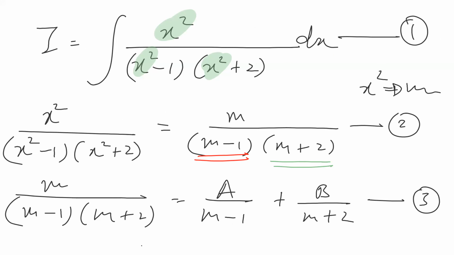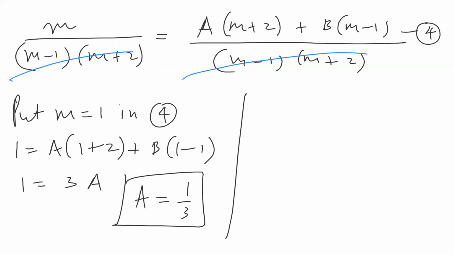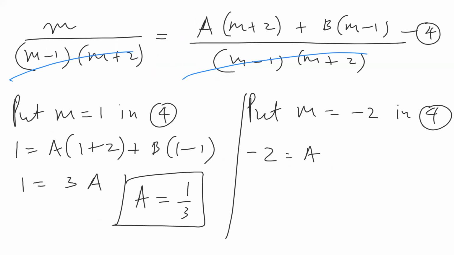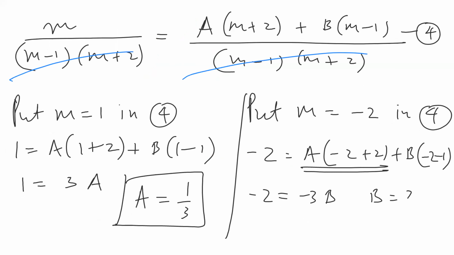Okay, let's put m as minus 2 in equation number 4. So minus 2 is equal to a into minus 2 plus 2 plus b into minus 2 minus 1. So minus 2 is equal to minus 3b, because a will get eliminated. So b is equal to 2 by 3. We got the value of b.